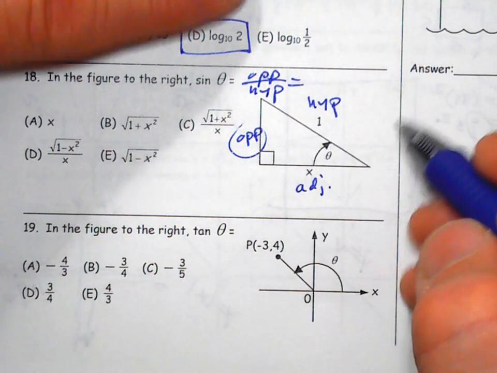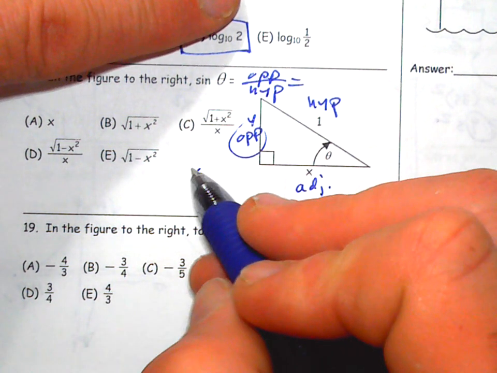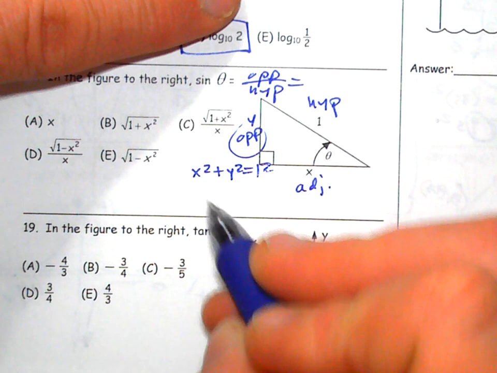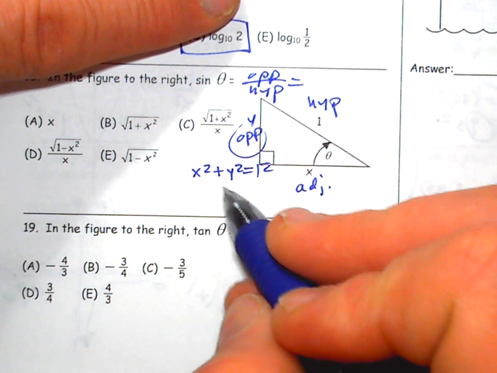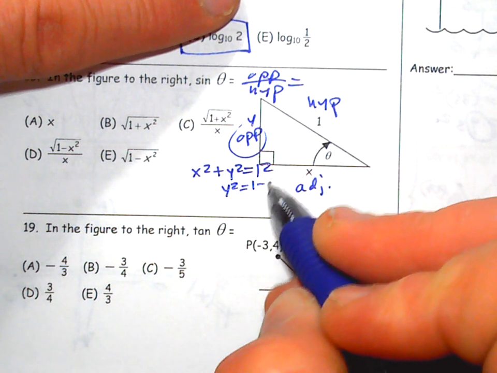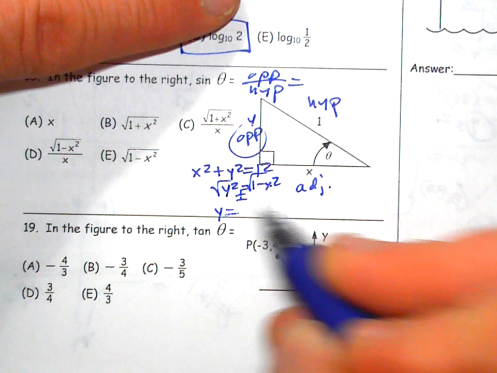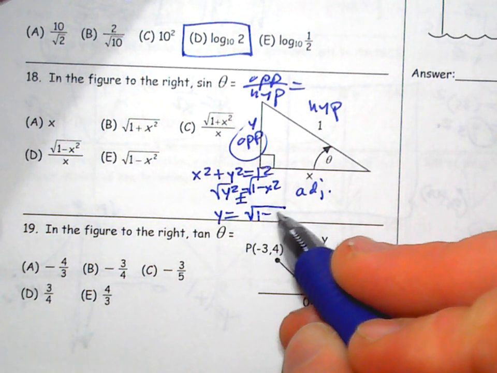We got to do the Pythagorean theorem. So I might call this y or something and say, okay, well, x squared plus y squared equals 1 squared. And all our answers are going to have x's in them, so I'm trying to get y by itself. So y squared equals 1 minus x squared, square root of both sides, plus or minus. We're going to just deal with positive, since it's the length of the side of a triangle.